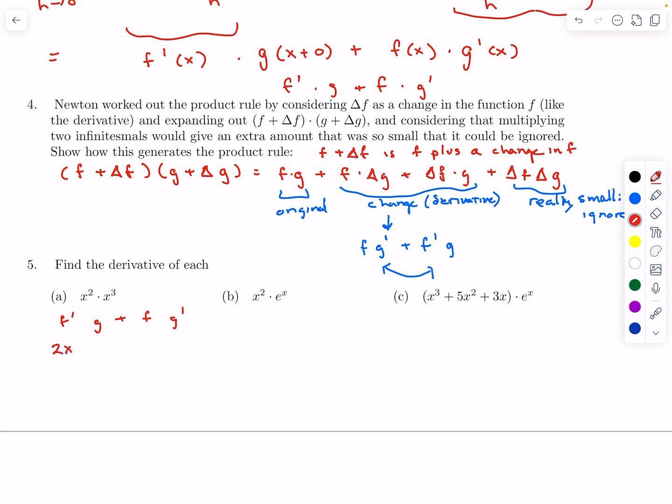So 2x times the original x cubed, and then the original x squared times the derivative of x cubed. So notice this actually is the correct thing, unlike f prime g prime.